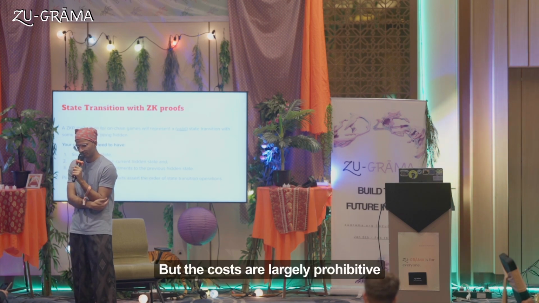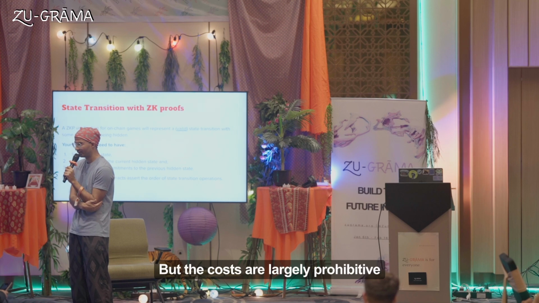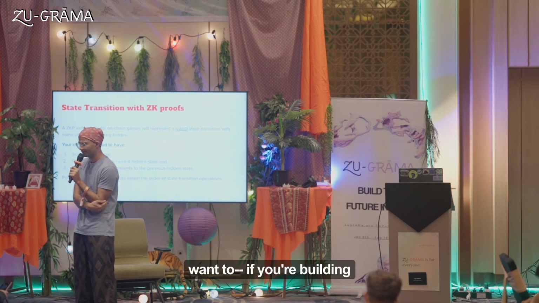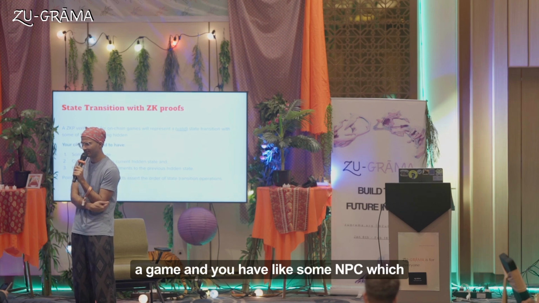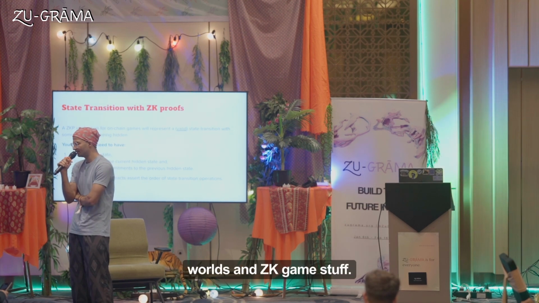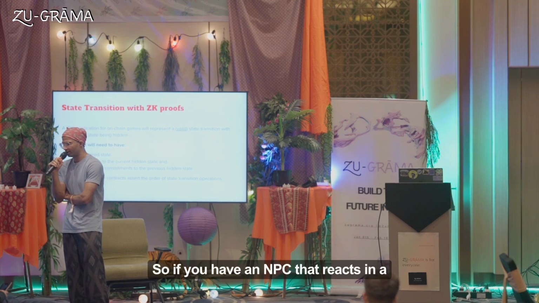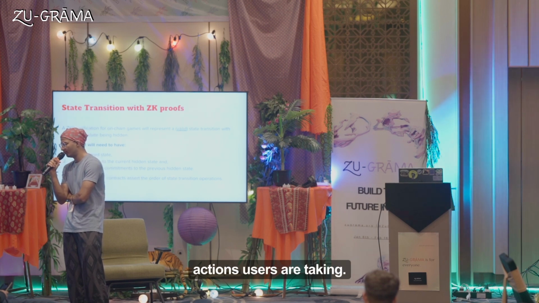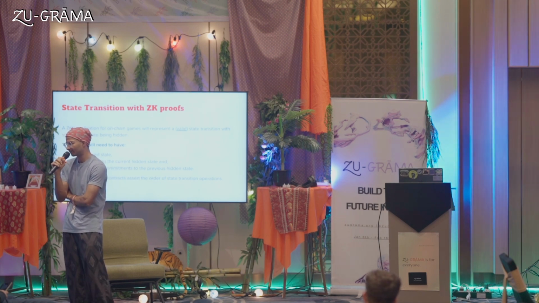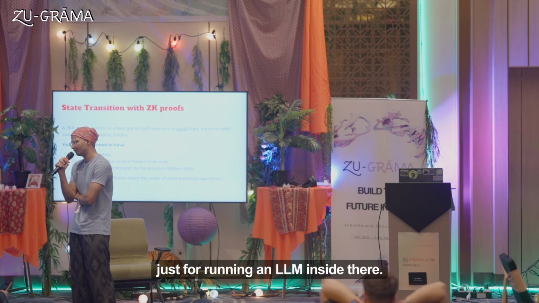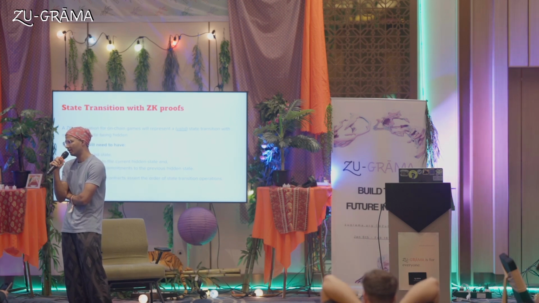But the costs are largely prohibitive, because if you're building a game, and I do a lot of autonomous worlds and ZK game stuff, and you have an NPC that reacts in a specific way based on what actions users are taking, you probably don't want to have a TEE just for running an LLM inside there.